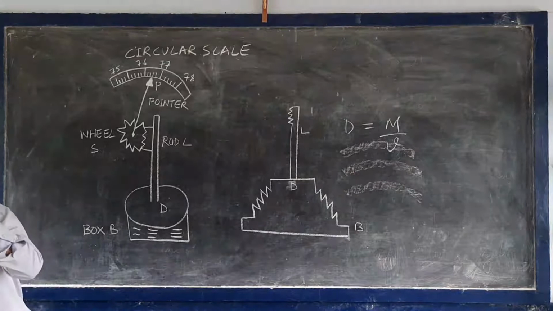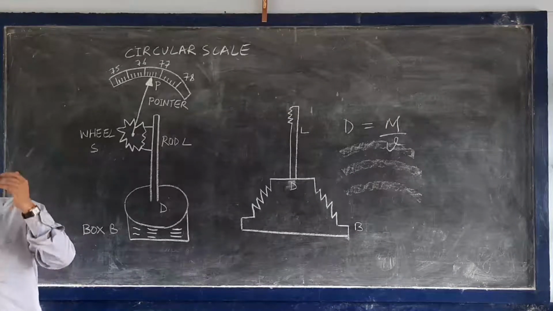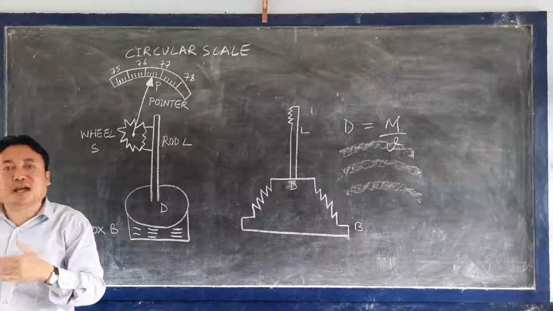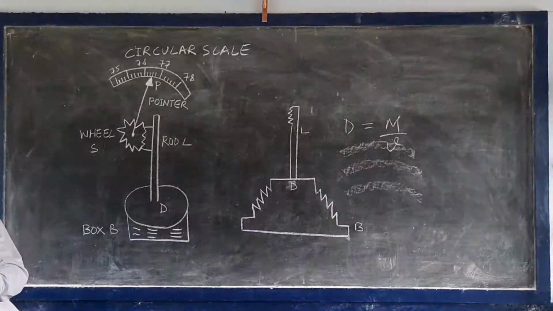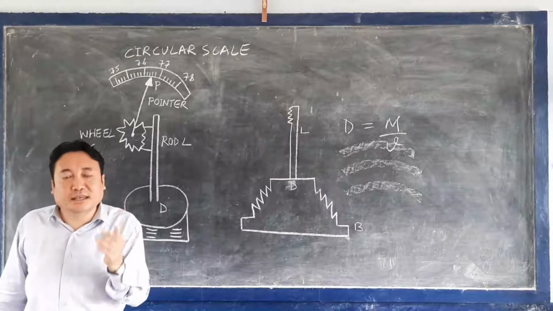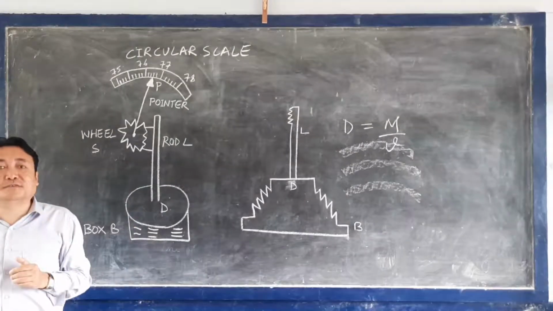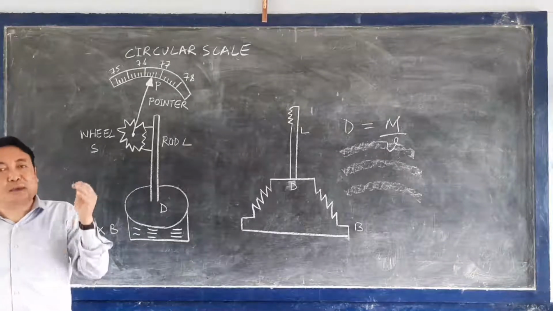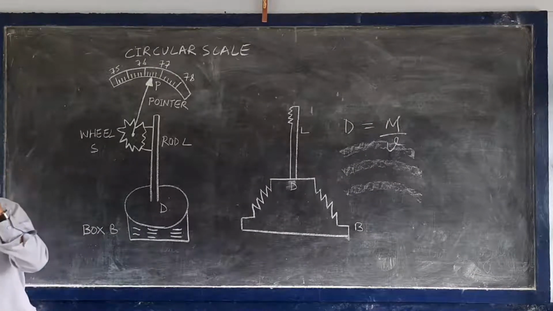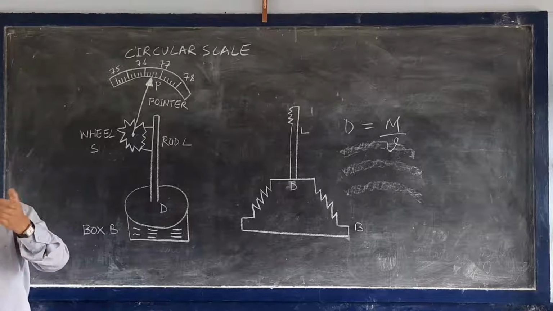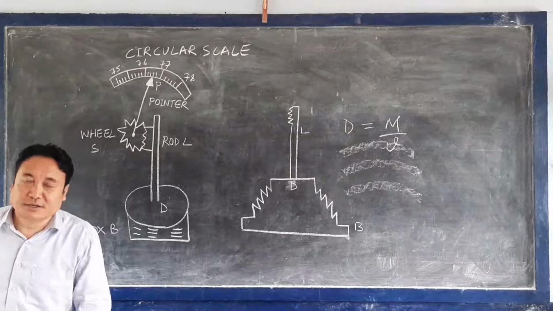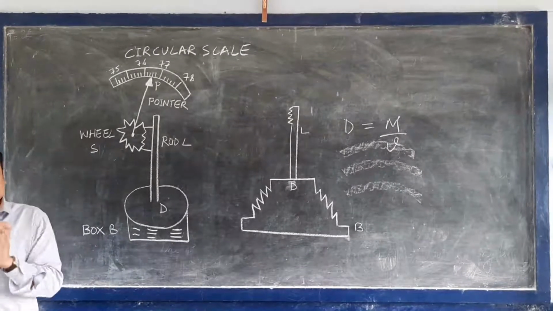If the barometric height gradually falls, then there is a possibility of rain. How does the rainfall take place?